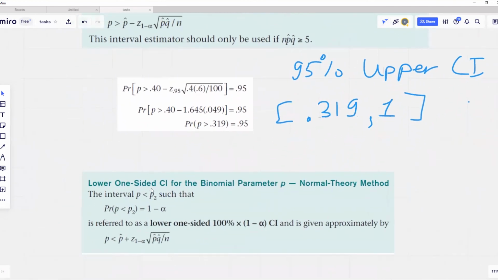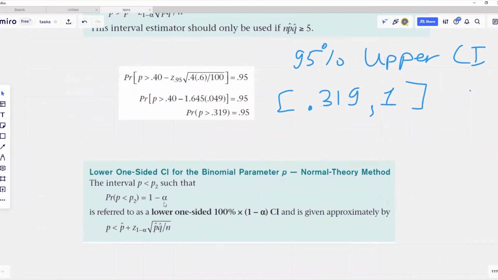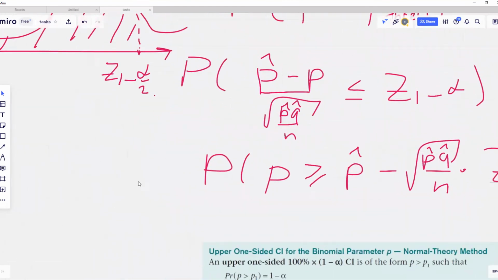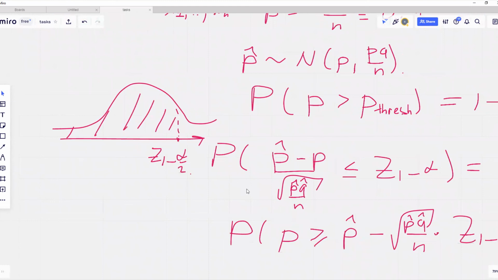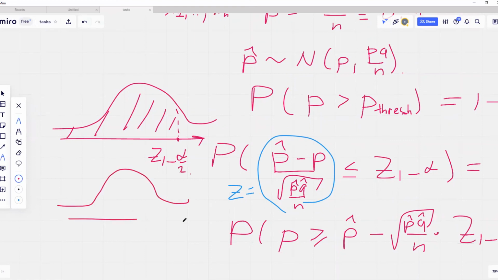Now, to build a lower one-sided confidence interval, we can use a similar technique. This is our standard normal random variable. To find probability that p is less than some threshold, we need to set our standard normal random variable being greater than some critical value. So we pick some critical value.